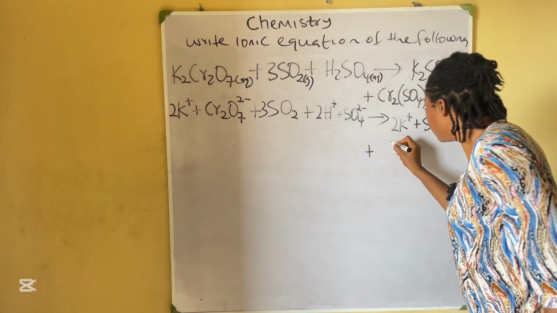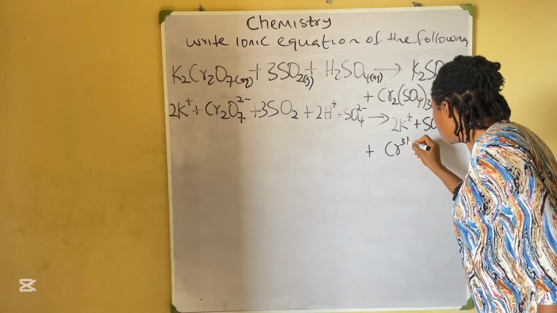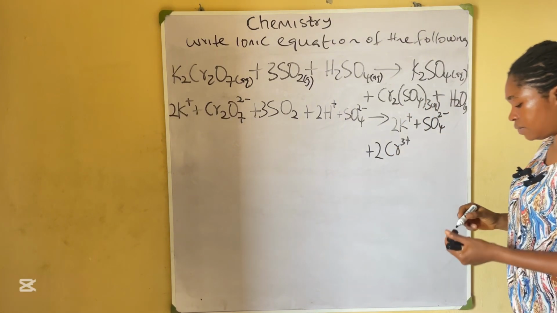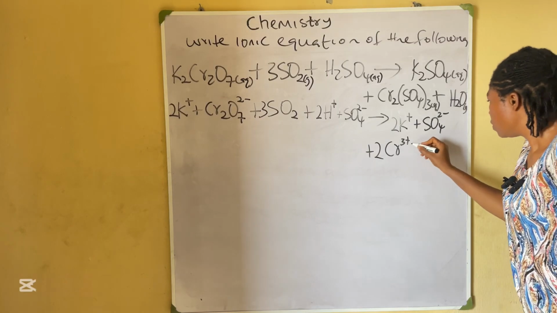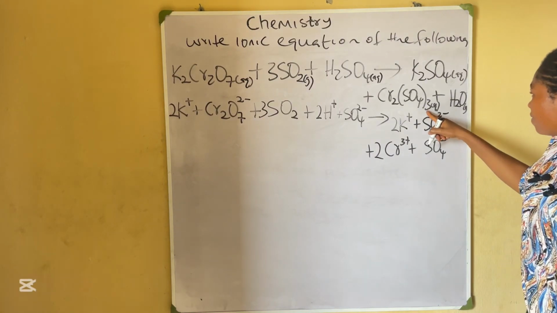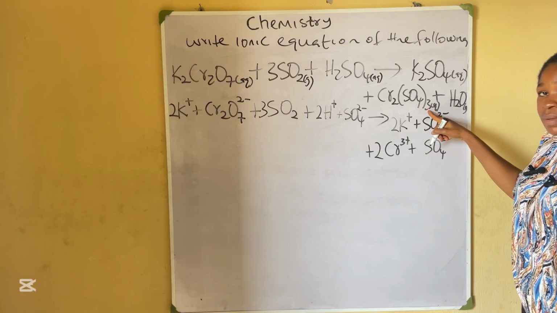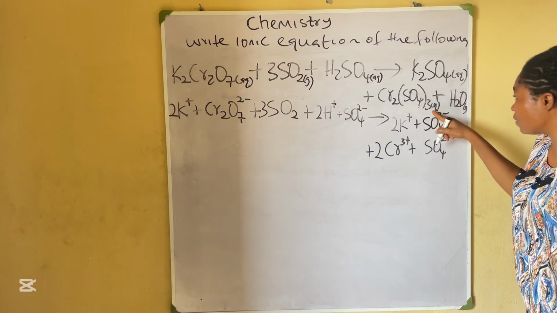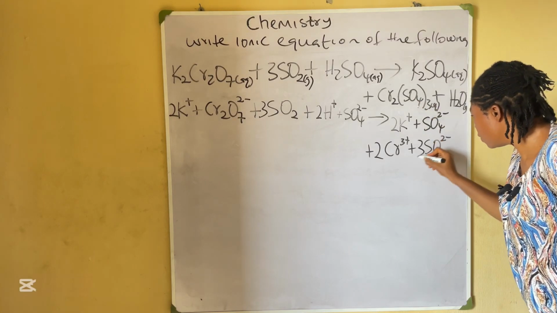So this is Cr3+, but how many atoms do I have? I have 2, so I put the 2 here. SO4 2 minus. How many atoms do I have? This 3 outside multiplies only what is inside the bracket, so I have 3 sulfate ions.